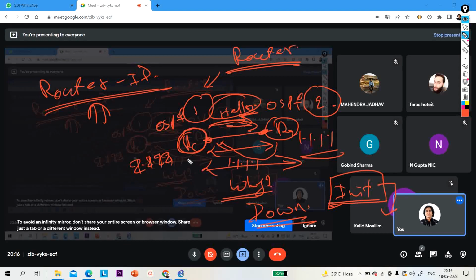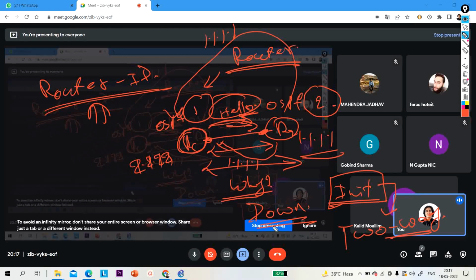When R2 sends a hello message to R1 with the active neighbor as 1.1.1.1, only then will the state move to two-way state. Am I right? So if neighborship is stuck in init state, that means the router is not receiving a hello message with its own router ID in the active neighbor field.